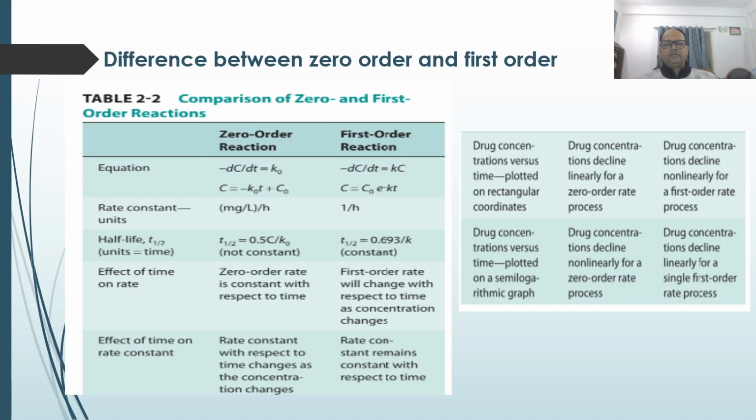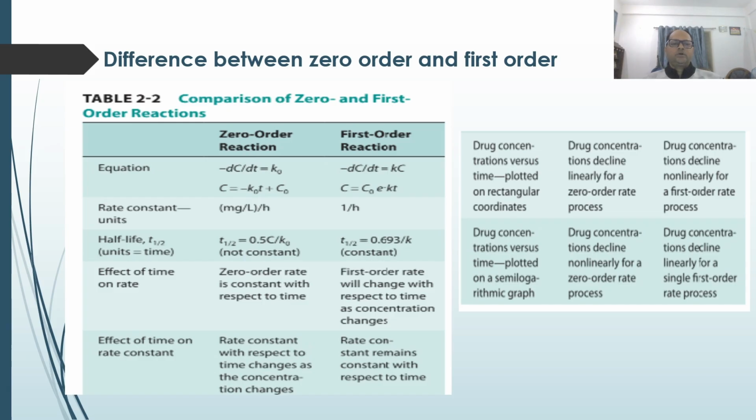Just see that this is based upon the fundamental difference between zero order and first order kinetics. So how will you compare and differentiate between zero order and first order kinetics? First one is the equation. The zero order equation is minus dC by dt, the general equation dC by dt is equal to k0, and the first order equation is minus dC by dt equal to kC.